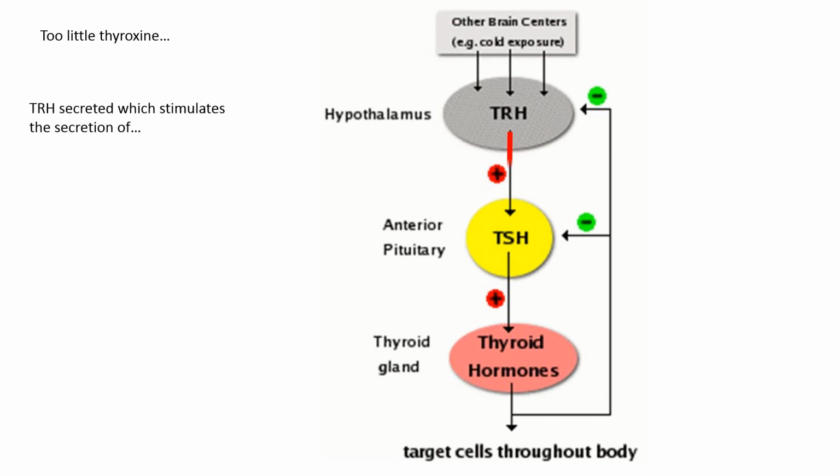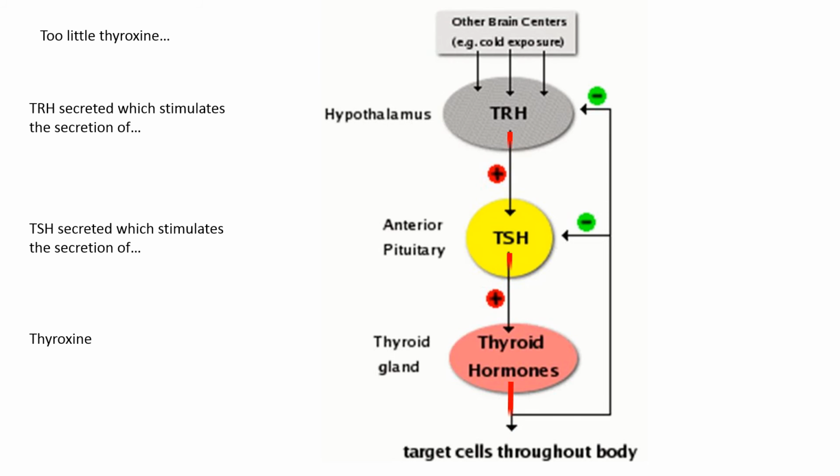That in turn stimulates the pituitary gland to secrete TSH, thyroid stimulating hormone, which in turn stimulates the thyroid gland to now secrete thyroxine. And thyroxine will be transported around the body in the blood. So the levels of thyroxine are going to increase.